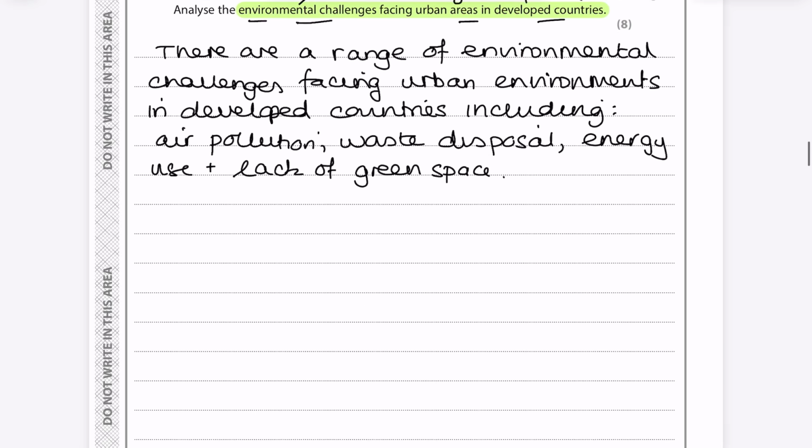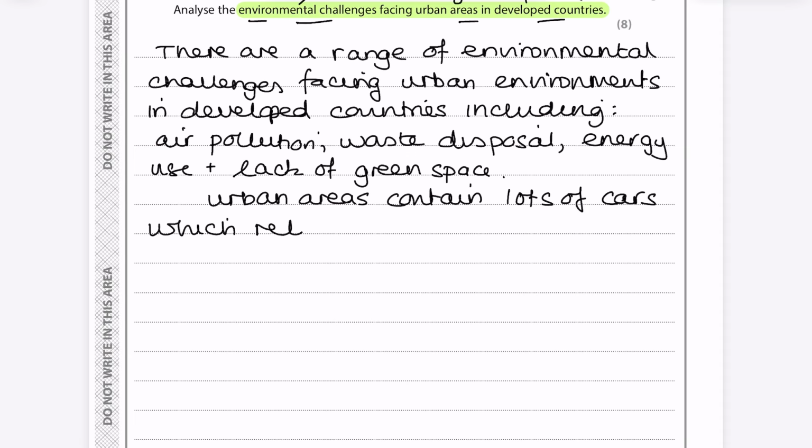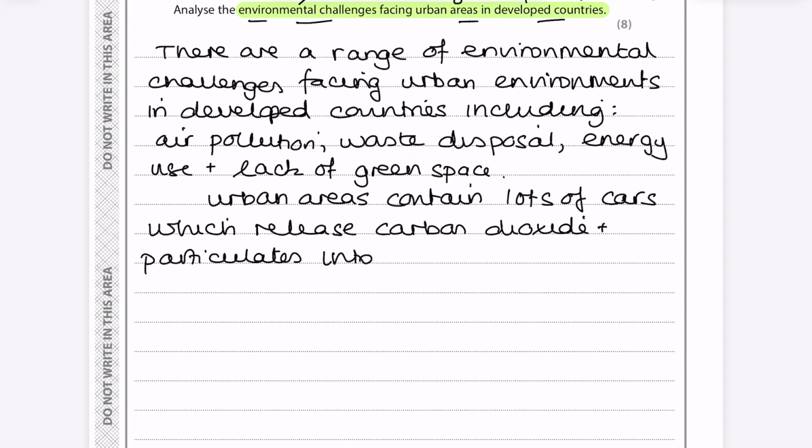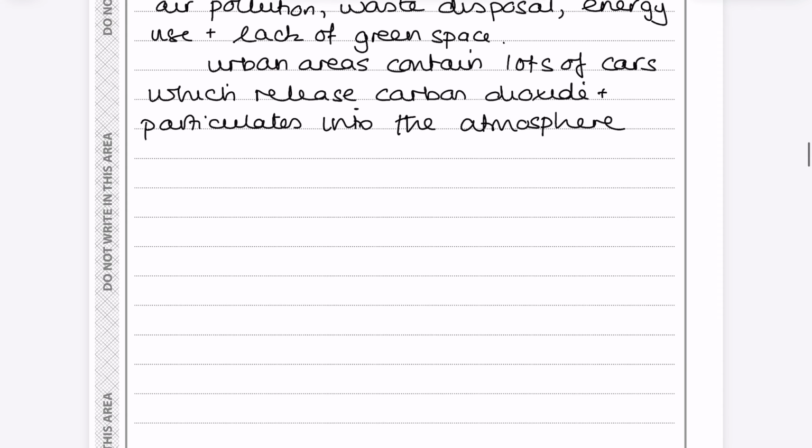So zooming in on air pollution, urban areas contain lots of cars which release carbon dioxide and particulates into the atmosphere, which may cause respiratory diseases.